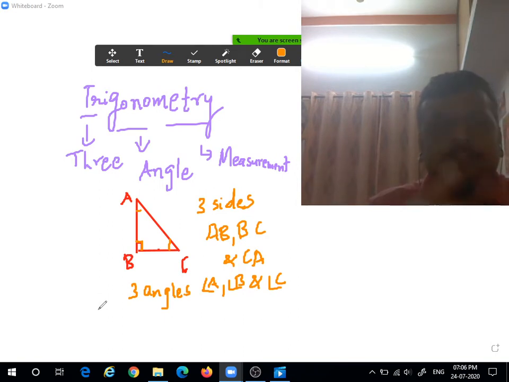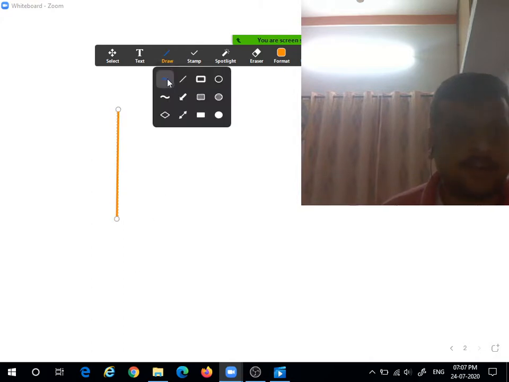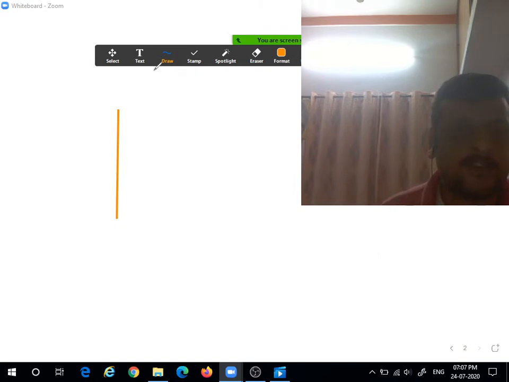The application of trigonometry is that it is used, suppose you have to find the measure of, assume this is your Qutub Minar, and you have to find the measure of its height.